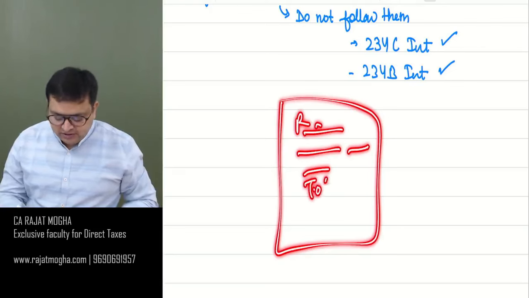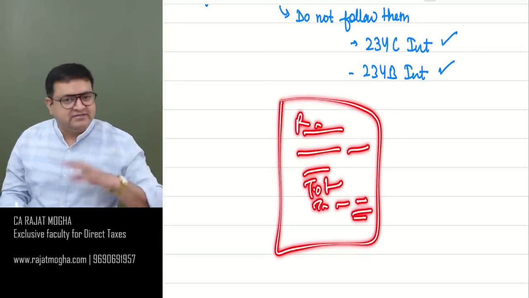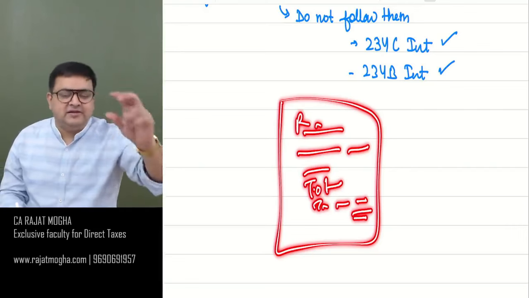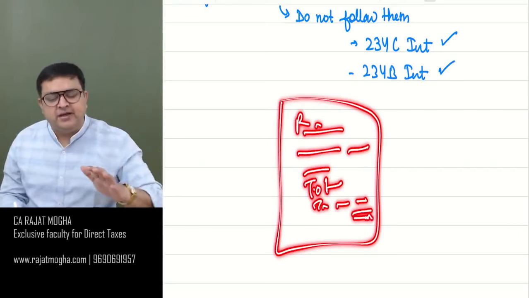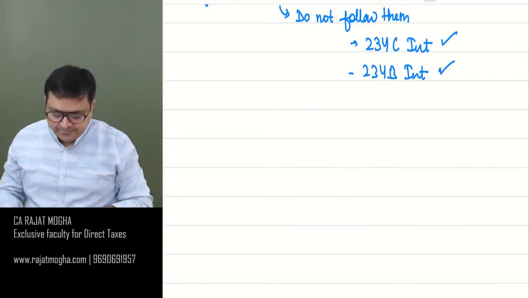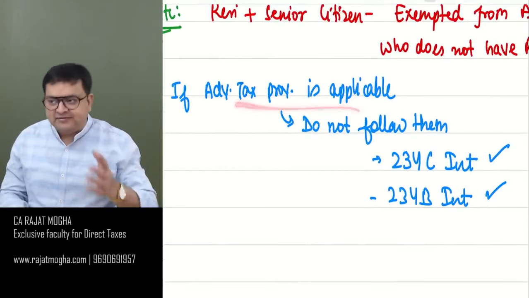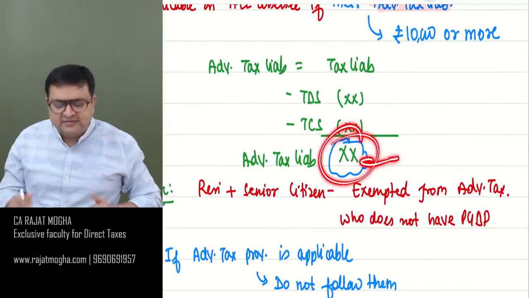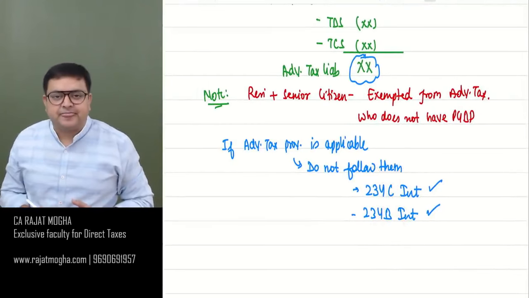What is the total income? What is the tax liability? Then see what should be his advance tax liability after deducting TDS, TCS. Then see whether advance tax provisions were applicable on Rajat sir or not. If they are applicable and I have not followed them properly, then apply 234C on me. Simple. If advance tax provision is not applicable, why? Let's say the advance tax liability is less than 10,000, not applicable. So if it is not applicable, don't apply this interest. But if it is applicable, apply this interest.